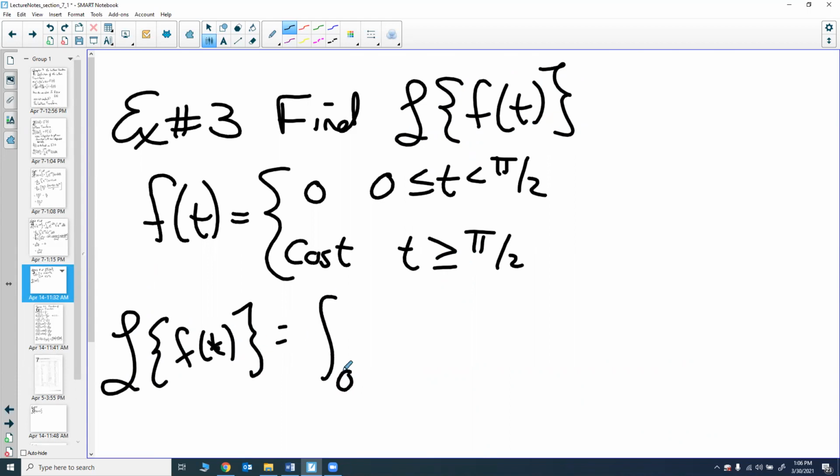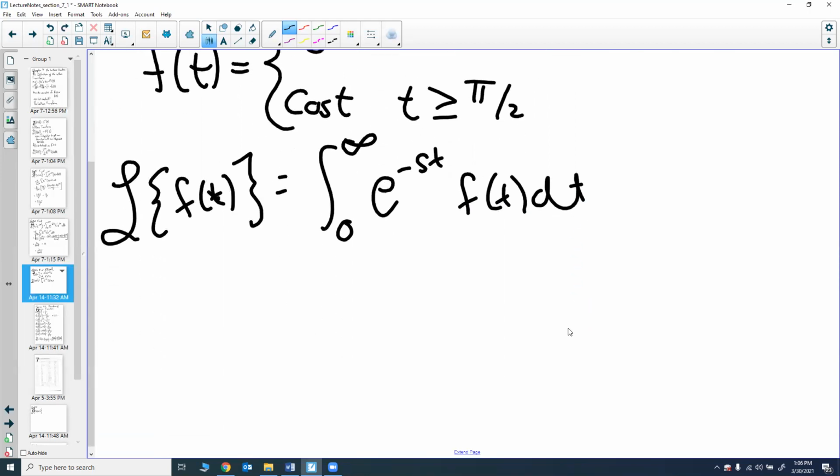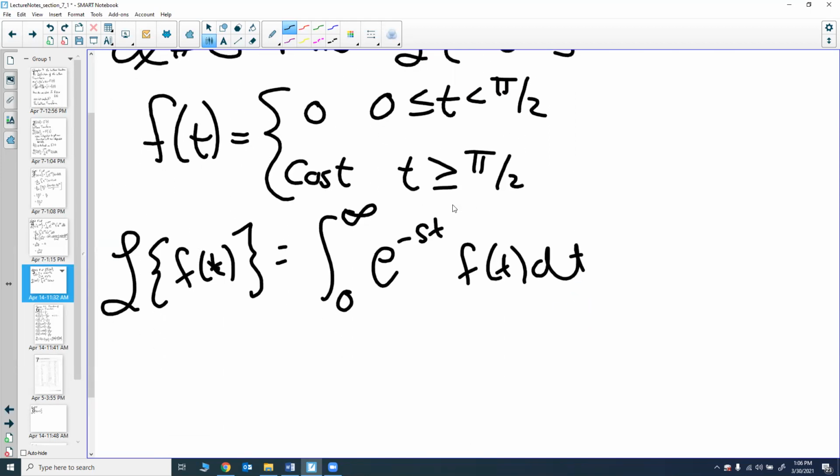Again, that's the integral from 0 to infinity of e to the minus st times f of t dt. Now, this one's a little different because it's defined over two different places. Remember, you can take an integral and separate it into different intervals by putting a constant in there. So we can go from 0 to, in this case, pi halves, which makes sense, but you can do anything you want.